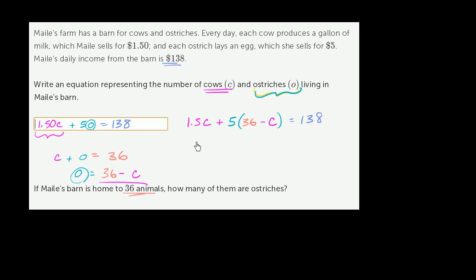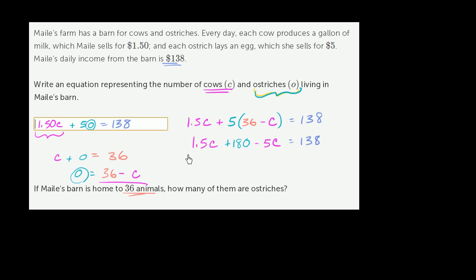So we get 1.5 times the number of cows plus, what's 5 times 36? 5 times 30 is 150, plus 5 times 6 is going to be another 30. So this is going to be 180. So plus 180 minus 5C is equal to 138.